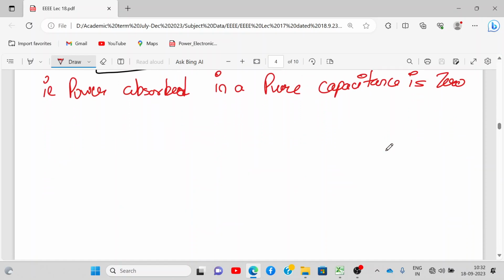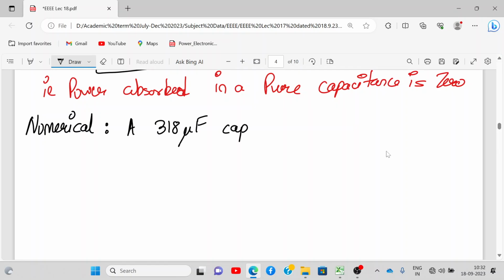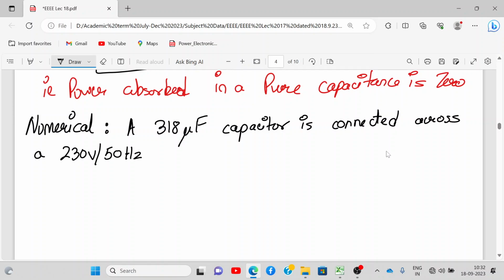Write down the numerical statement. A 318 microfarad capacitor is connected across a 230 volt 50 hertz AC system.